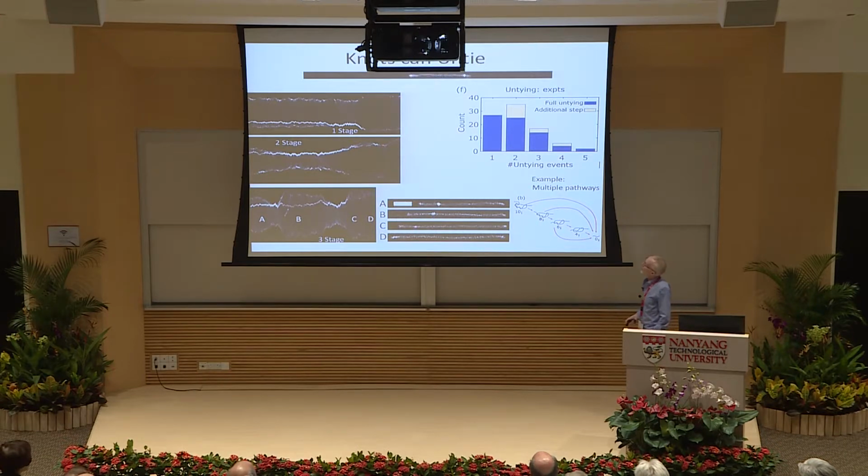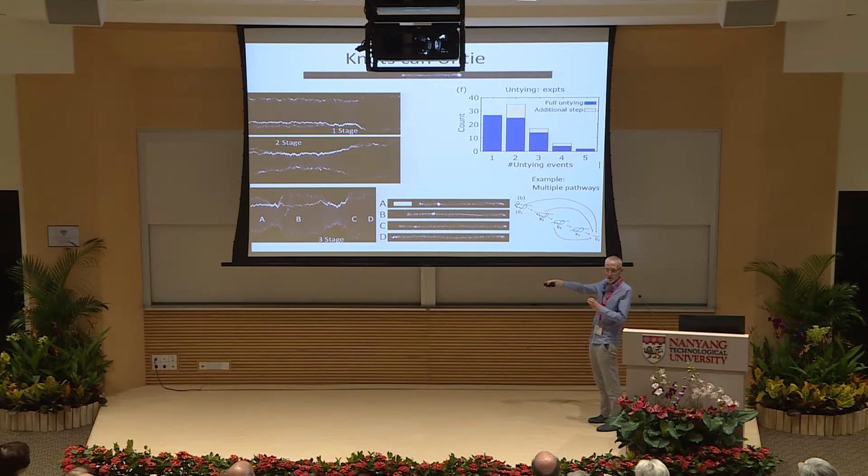Okay, so how the knots untie is not through some global process where the chain swells and it comes off. It actually finds the end of the chain, and then it doesn't necessarily come off all at once. In fact, what we can see is that it'll get near the end, and it's a stochastic process, and it might actually release some of the contour.